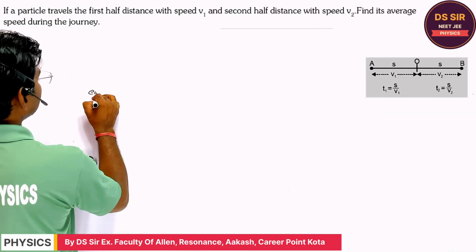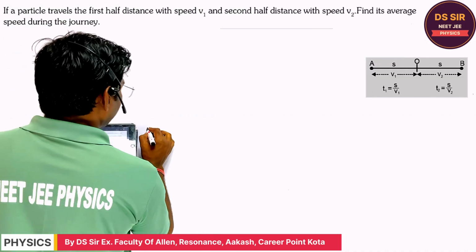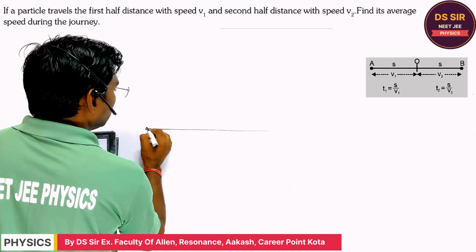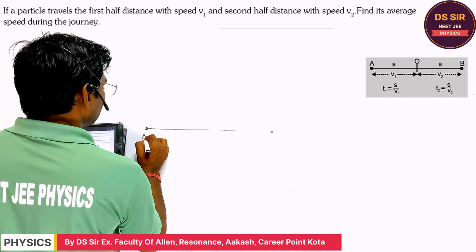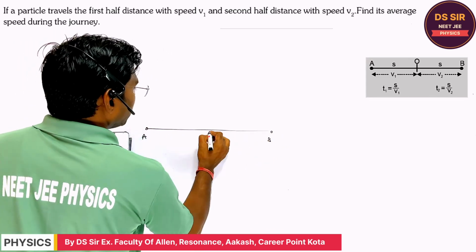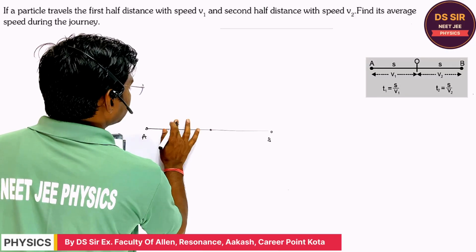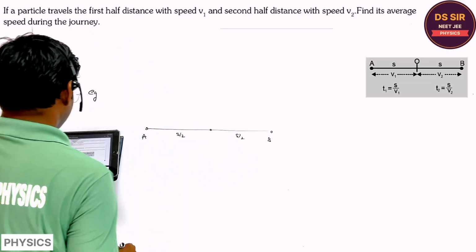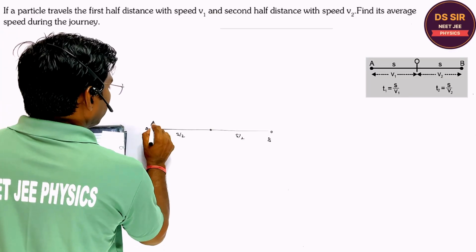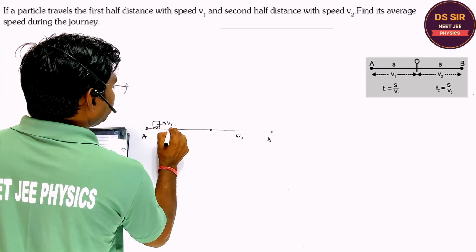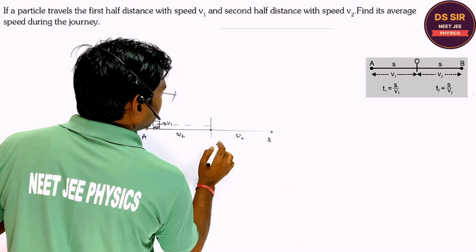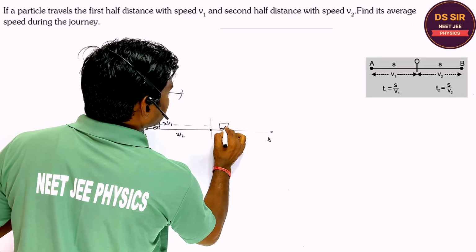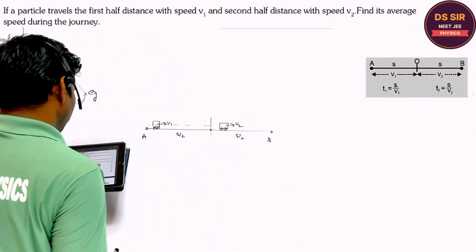So read this question. In this question, a particle travels the first half distance. Suppose this is the total distance, total path length AB. This is the first half distance, right? And this is the rest half distance. From here to here, the speed is v1. Then in the remaining half, the speed of the particle is v2.